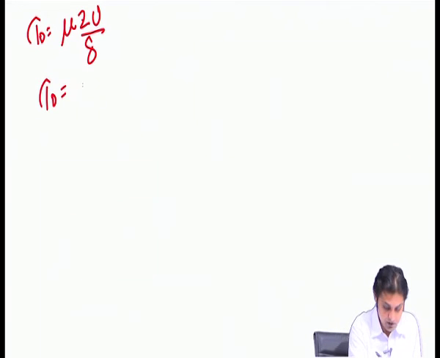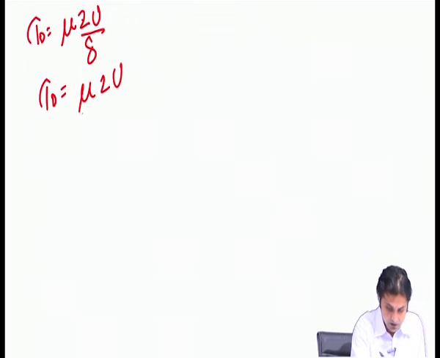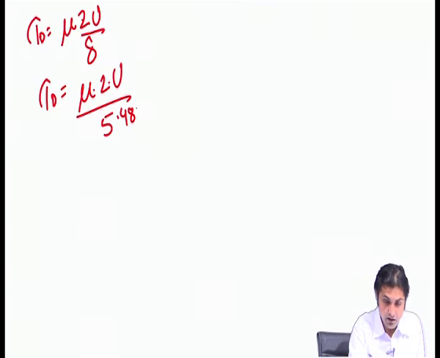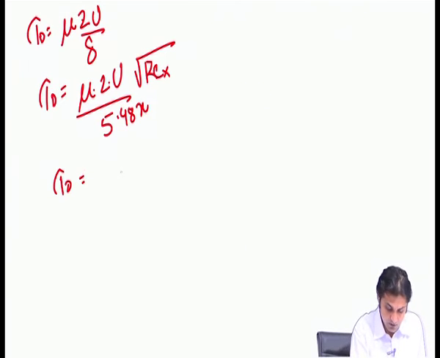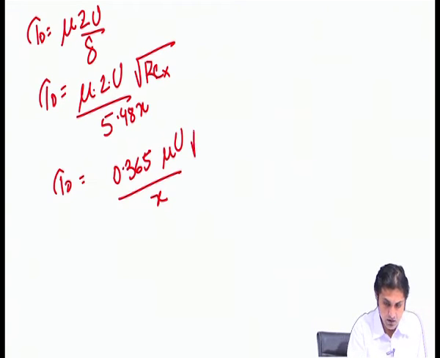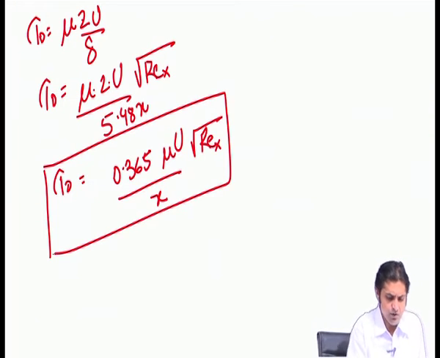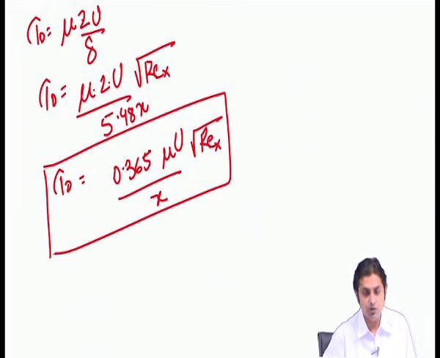So tau naught is mu 2 capital U, delta is 5.48 x under root Re_x. Okay. So tau naught comes to be 0.365 mu capital U by x under root Re_x. So after that is found, you can express it in any form that you want.